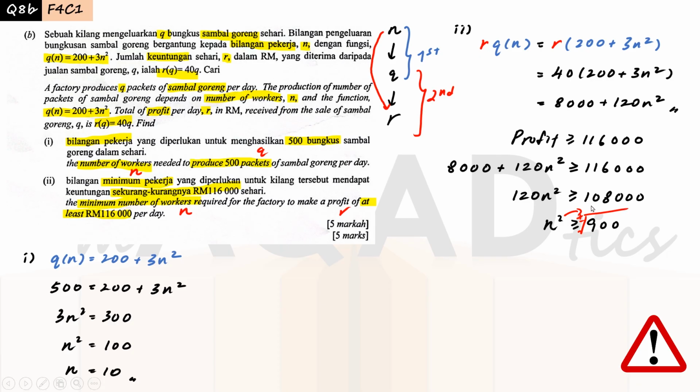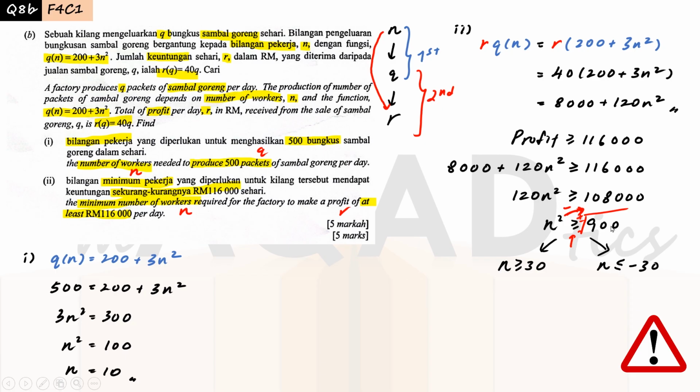Right? So for the positive version, it would be straightforward. So square root 900 would be 30, and the sign doesn't change. So this one is n more than or equal to 30. But for the negative version, because we are moving a negative to the other side, the inequality here, we need to change sign from greater than or equal to, to less than or equal to.